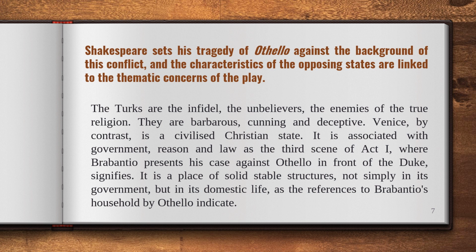It is associated with government, reason, and law, as the third scene of Act 1 tells us, where Brabantio is presenting his case against Othello in front of the Duke. Venice is a place of solid, stable structures, not simply in its government, but in its domestic life, as the references to Brabantio's household by Othello indicate.